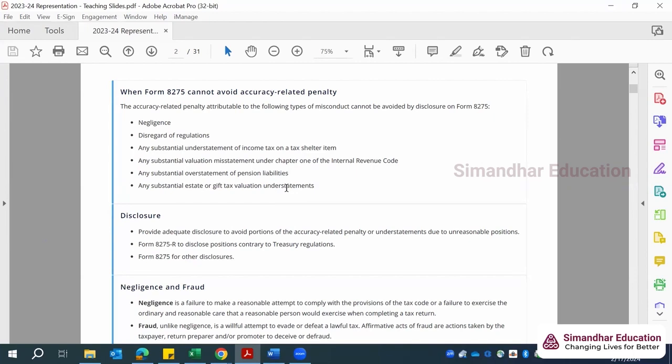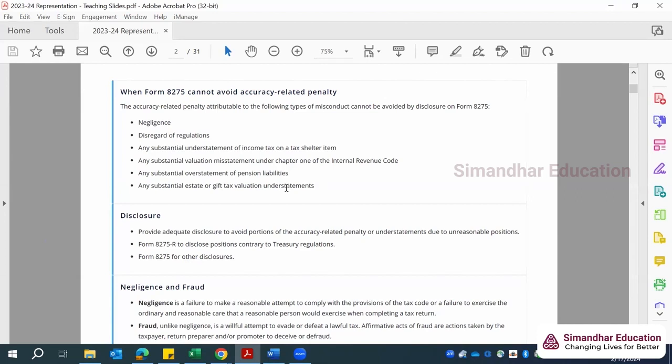That means I have failed to comply with the rules and regulations by not making reasonable attempts to understand the taxpayer needs or to understand the tax return that I'm trying to file. You can also be assessed with an accuracy related penalty if there is disregard for regulation.